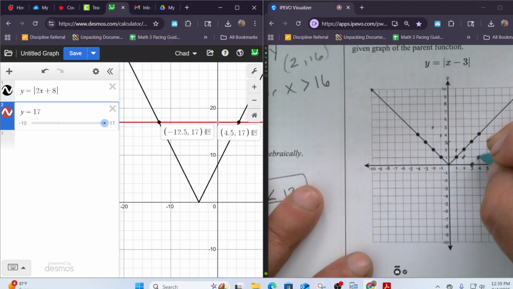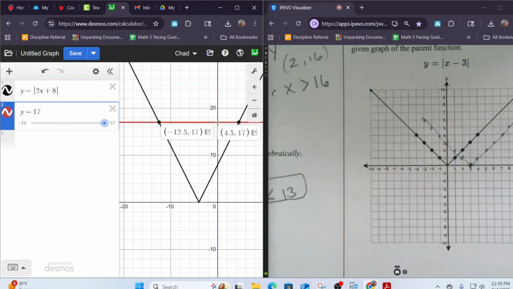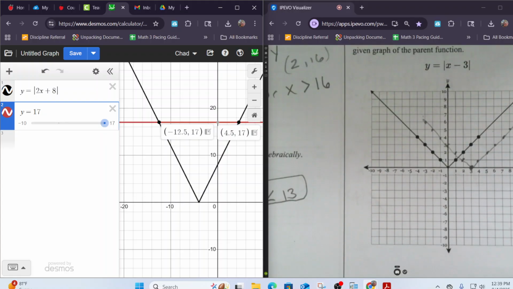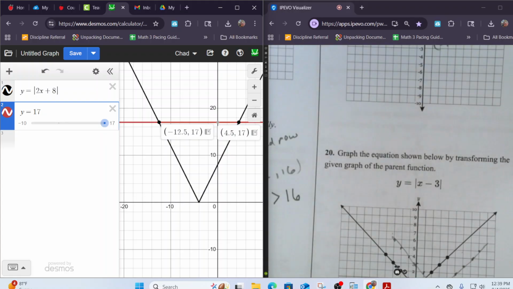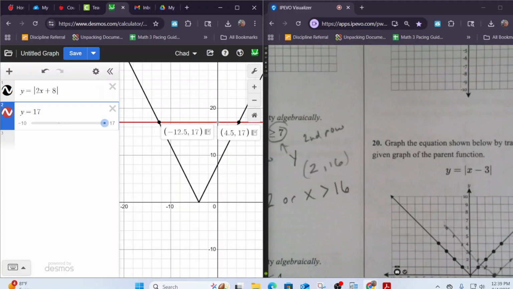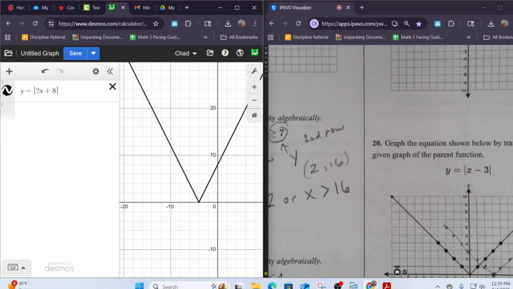But all you got to do is put it in Desmos, and it'll graph it for you. Okay. All the absolute value stuff is all calculated. You don't really have to do anything by hand.